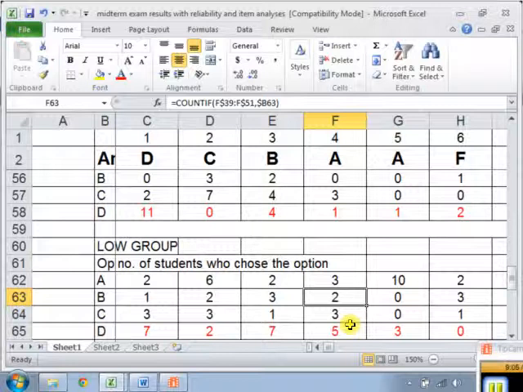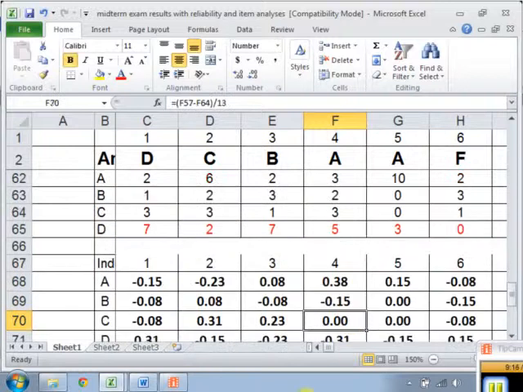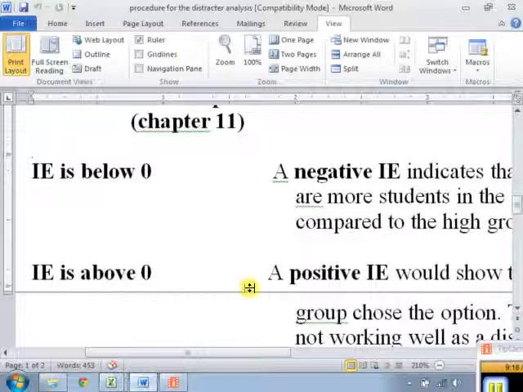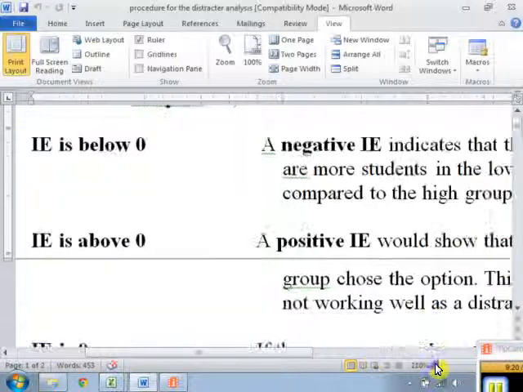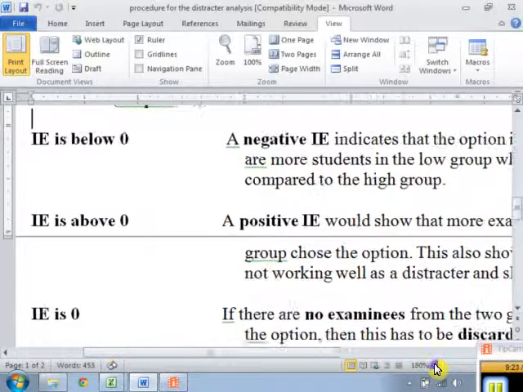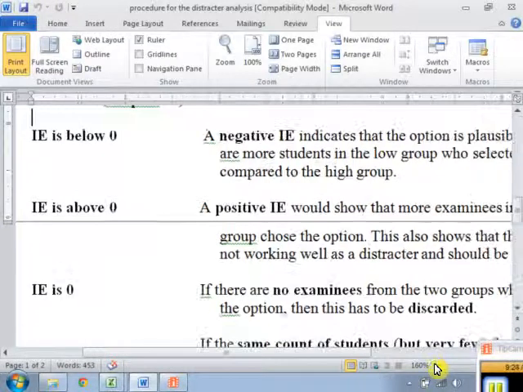But if you notice, letter C, is it attractive? Yes. But 3 in the upper and 3 in the low group still gives you a 0. So when we try to understand and interpret, look at that. A negative IE, let's read our interpretation together.